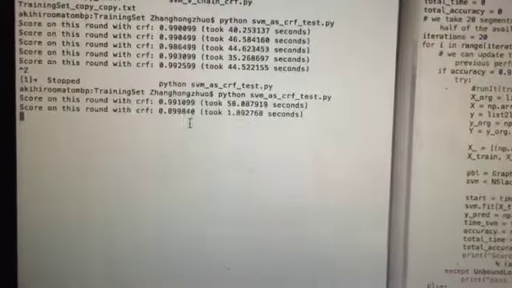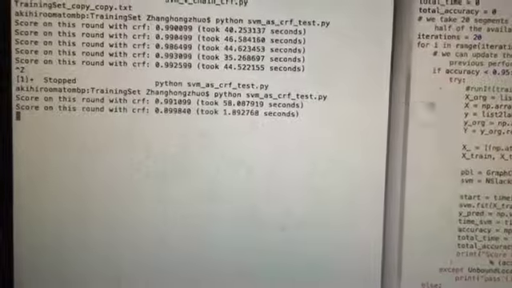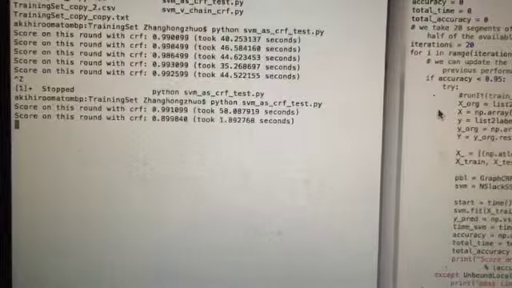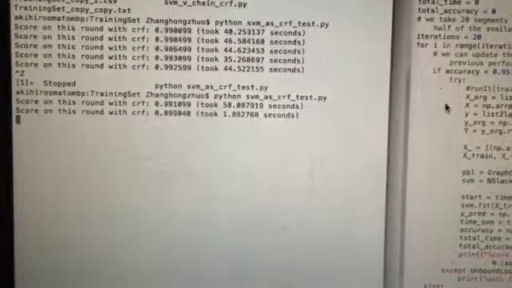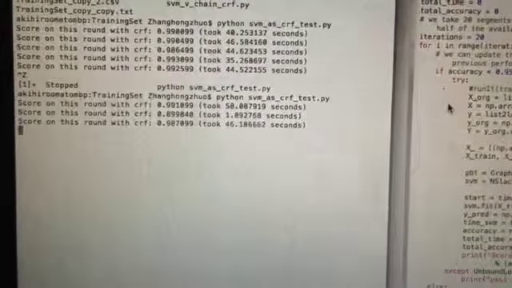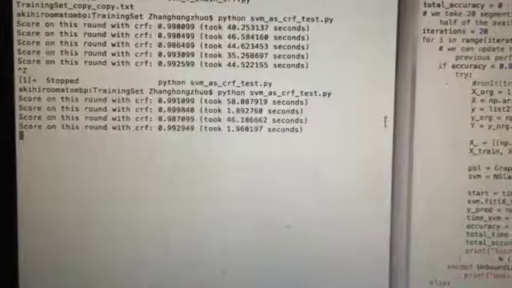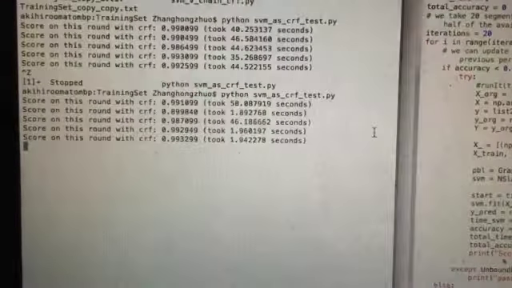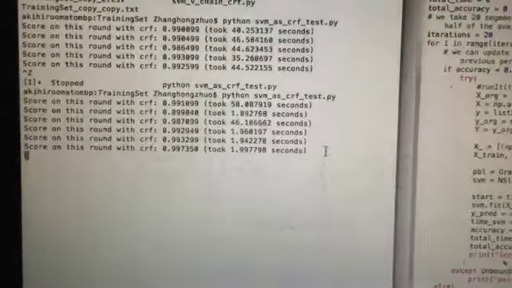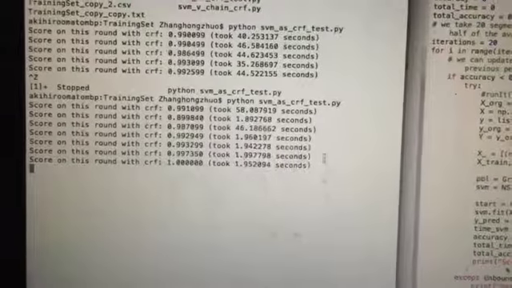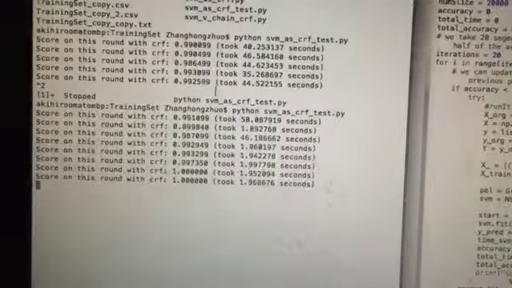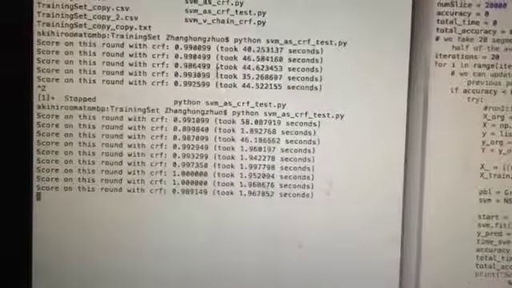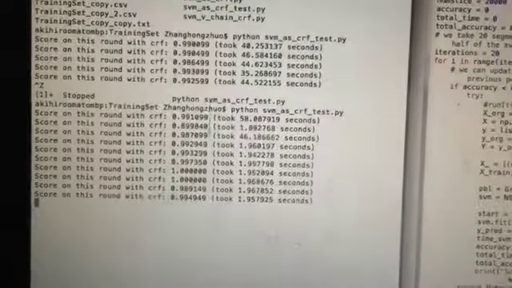So for the third iteration, it will go through the whole process again. Let's just wait. And after this point, the process is really fast, and you can see that the accuracy doesn't change much compared with the default settings.